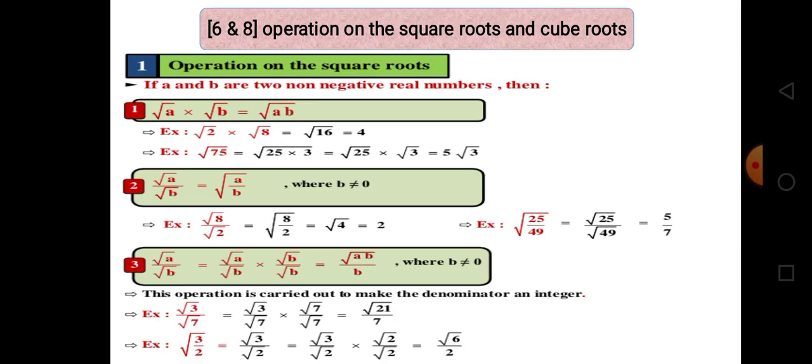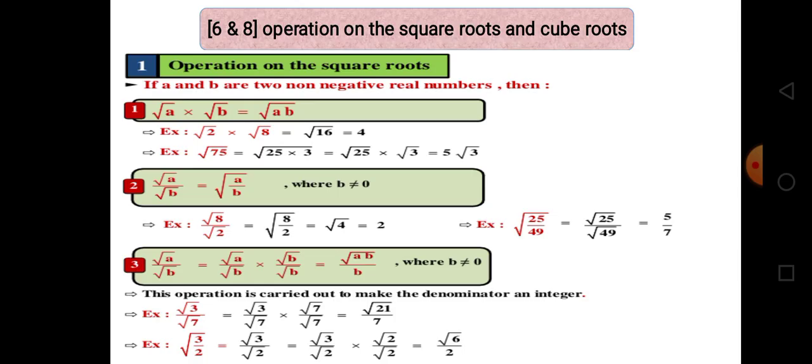Root a over root b, you can change it. Here we have root b on the denominator, okay? I want to get rid of this root. I want b, not root b. What should we do? Okay, first write root a over root b. Look at the bottom, root b. So we will multiply this whole fraction by root b over root b.